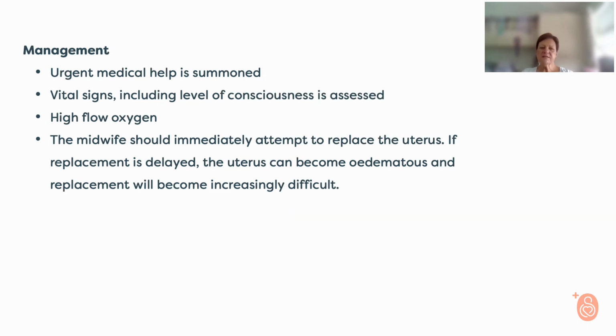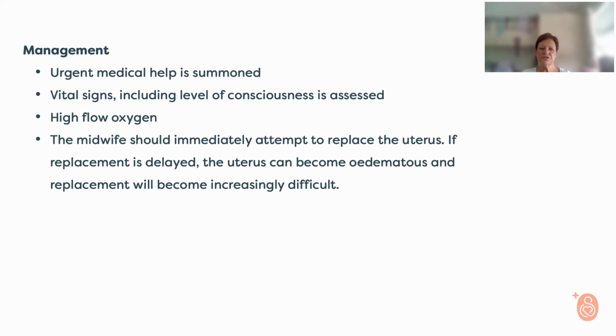And the management is to get this uterus as quickly as possible back to its normal place. So again, urgent medical help is summoned. We need to do the vital signs of the patient, including the level of consciousness. As we've said, this patient loses a lot of blood immediately, so again, very shocked.